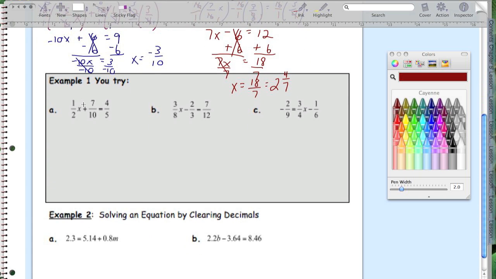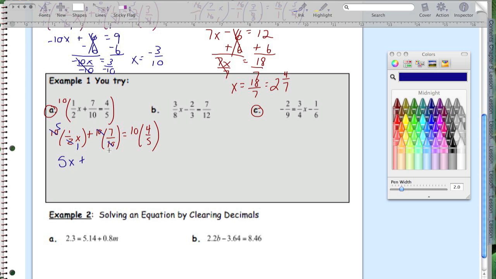All right, I'm going to step through these a little bit faster. I'm only going to do A and C just for time's sake, but again, we want to find our common denominator. In this case, it's going to be 10, so that's 10 times 1/2 x plus 10 times 7 over 10 equal to 10 times 4 over 5. My common denominator is 10, so now I'm multiplying everything by 10, and in doing that, everything is going to cancel. 5 times 1 is 5x.